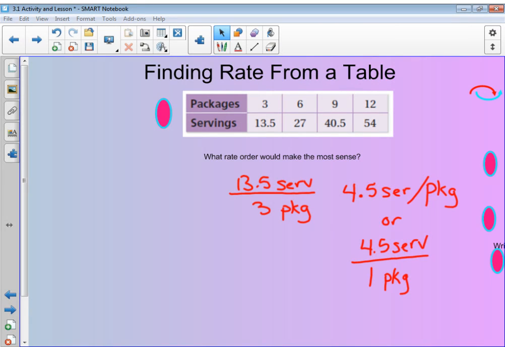So you should have ended up with 4.5 servings per package. So we could serve 4.5 people for 1 package of whatever this is, potato chips, onion rings, whatever it is. Okay, so that's working with rate from a table.